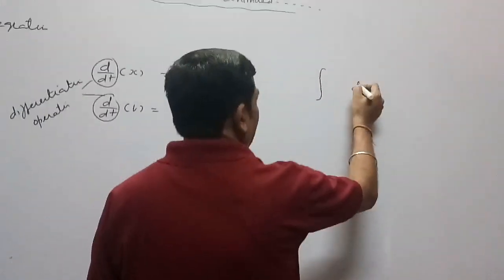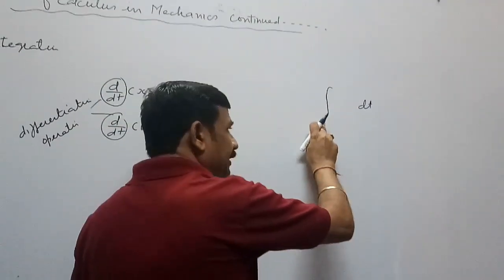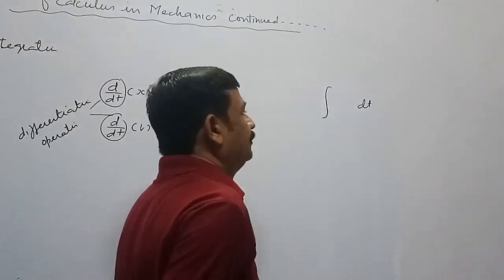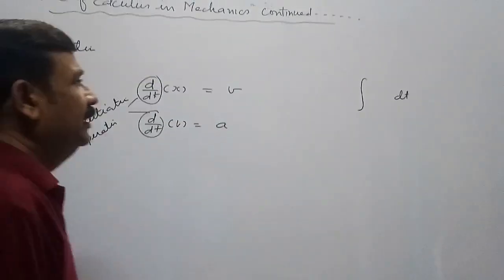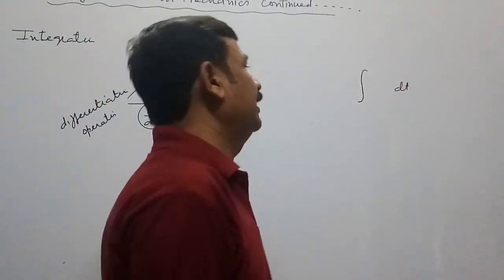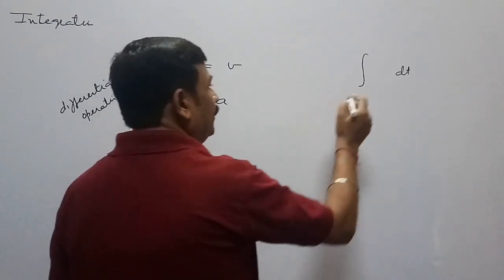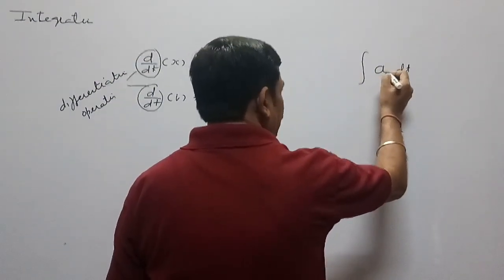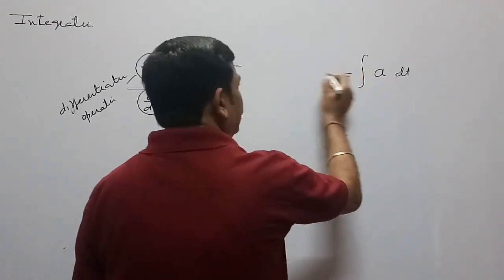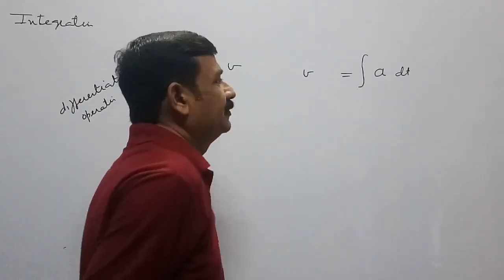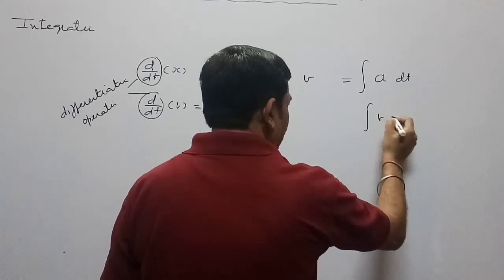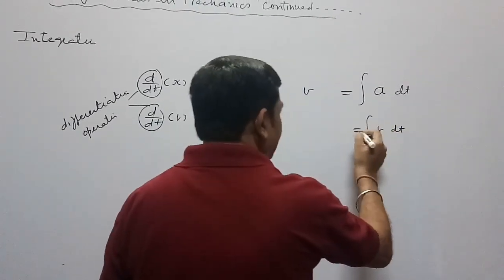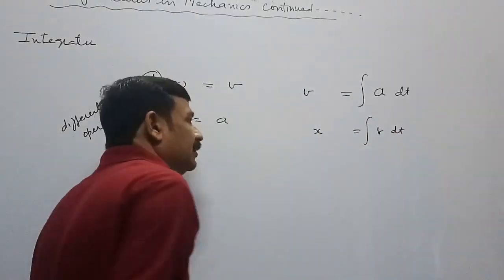If you write like this, this is differentiation with respect to time, and this is integration with respect to time. So when we integrate acceleration with respect to time, we get velocity, and when we integrate velocity with respect to time, we get distance or displacement.